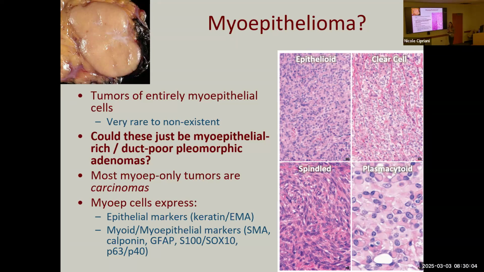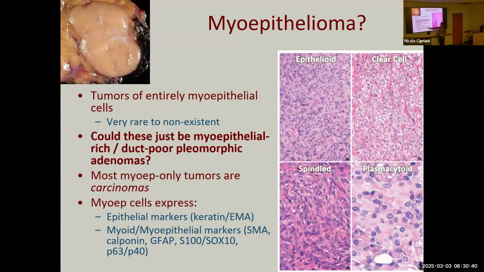Back to your immunophenotype of myoepithelial cells. So neoplastic myoepithelial cells, whether you're dealing with a salivary tumor, or we even talked about myoepithelial tumors in the soft tissue and bone, right? The phenotype persists, being you have to have some kind of keratin or epithelial membrane antigen, and something in the myoepithelial specific bucket, whether it be a contractile marker, like an SMA or a calponin, or a basaloid marker like a P63, P40, or a neural crest marker like an S100, SOX10, GFAP, right?